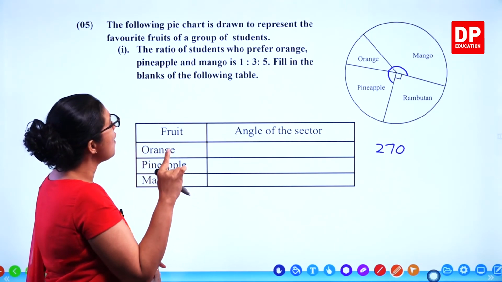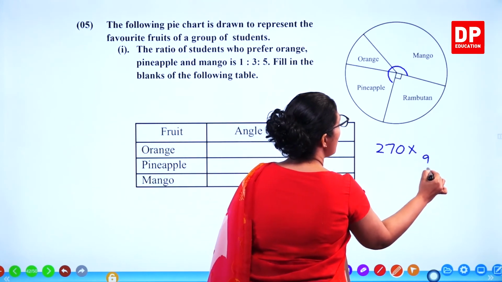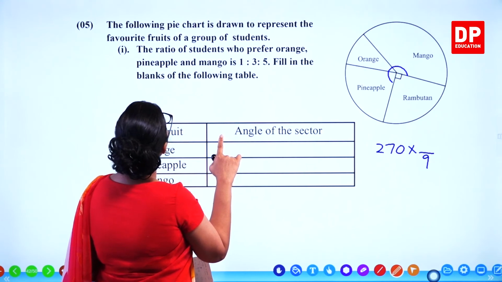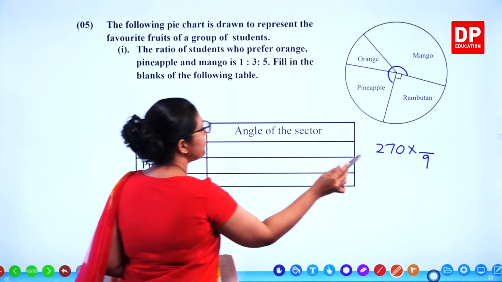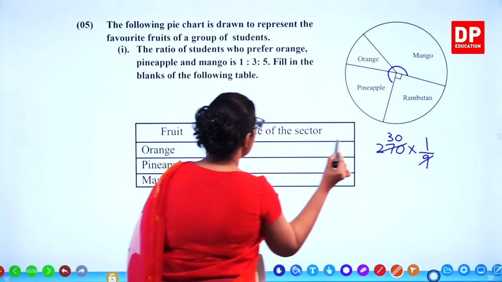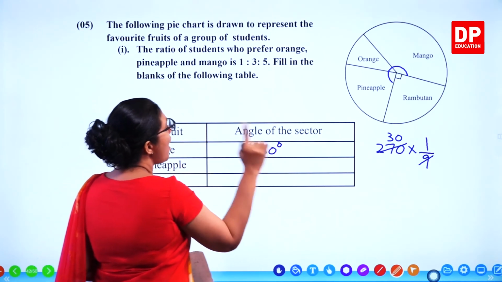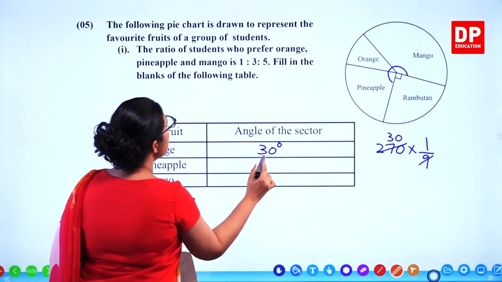The whole parts 5 plus 3, 8, 9. Out of 9 parts, 1 part for which one? Orange. So, that means 30 degrees for orange. Then 3 parts. 3 parts means 30 multiplied by 3, 90.